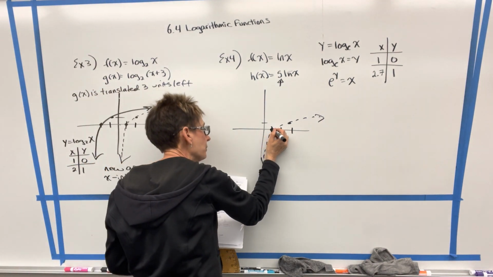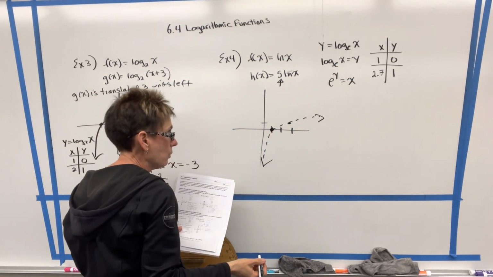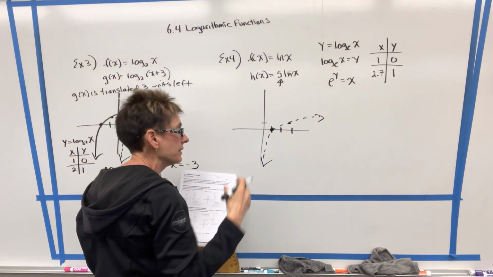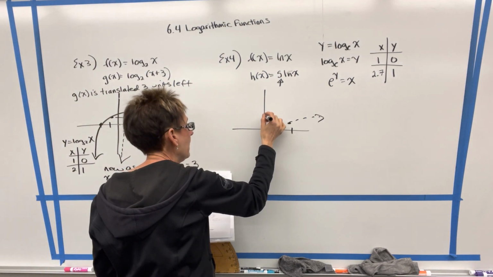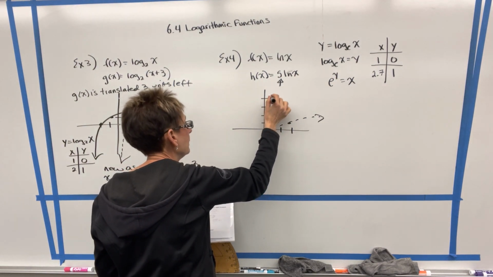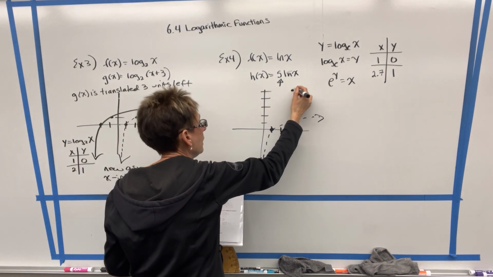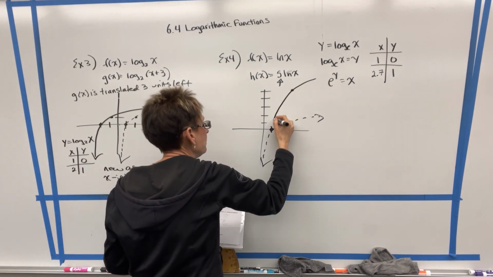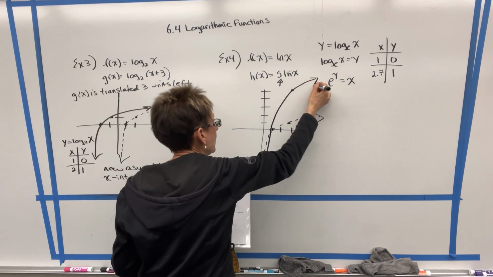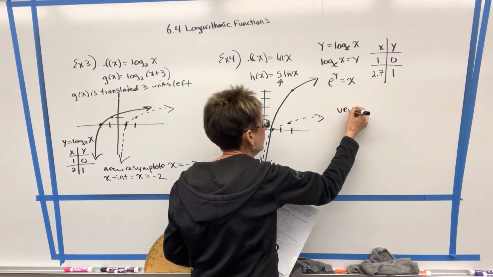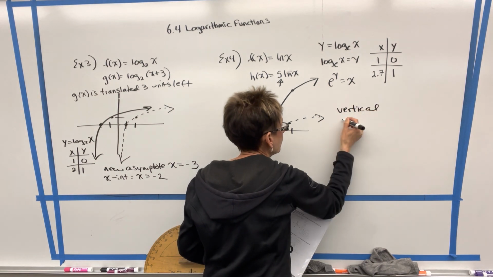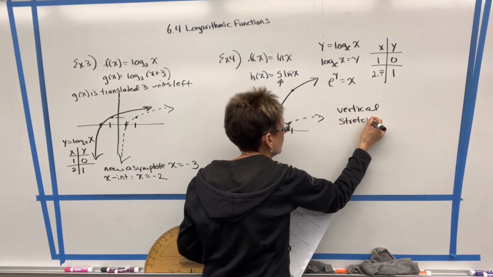I'm still going to go to the same point here. When y is 0, stretching it doesn't change anything, but here instead of y being 1, y is going to be 5. So I would put a dot up here, and this would be the graph once I've stretched it. So we're going to say that there is a vertical stretch of 5.